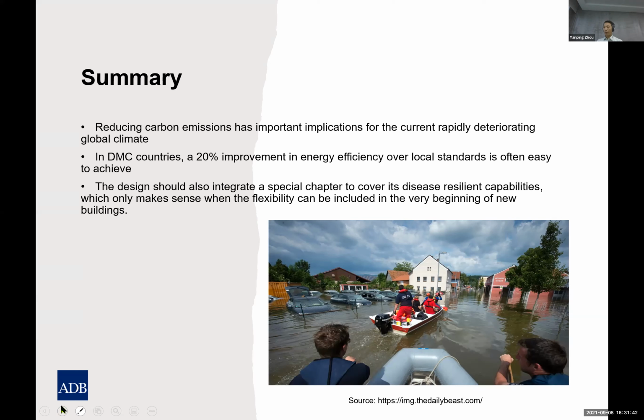And in the DMC countries, developing member countries of ADB, I believe a 20% improvement in energy efficiency over the local standards is rather easy to achieve simply by good thought and thorough consideration by the designers, good collaboration between the engineer and architect, and a good understanding of the methodologies of energy efficiency.